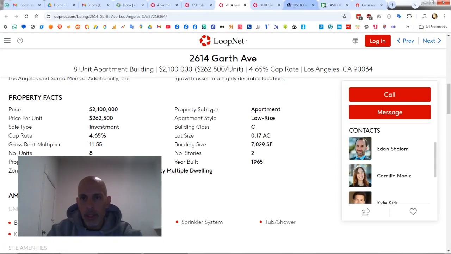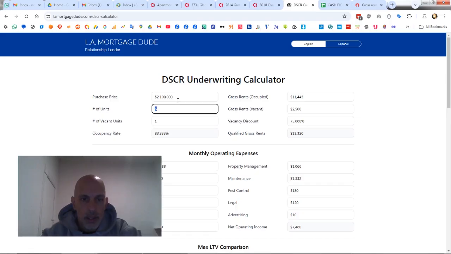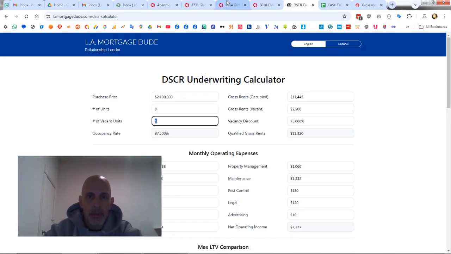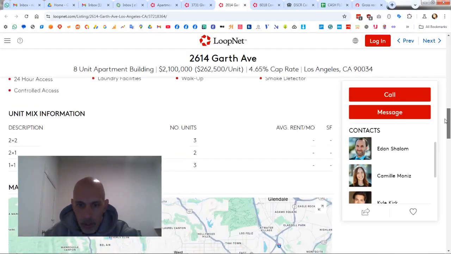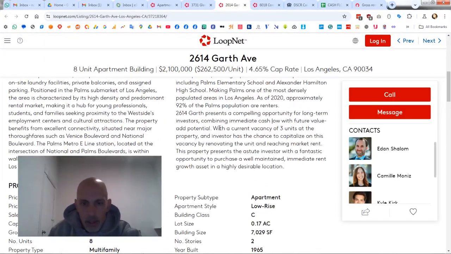So let's go ahead and punch that in here. There's 8 units. How many units are vacant over here? The current with a vacancy of 3 units. So they've got 3 vacant units over there.